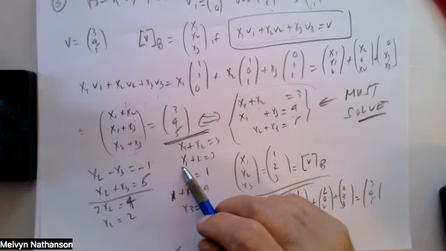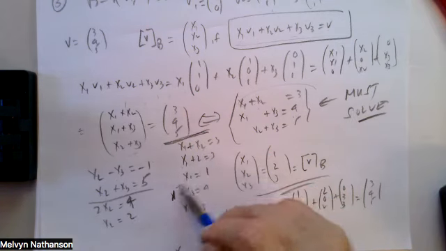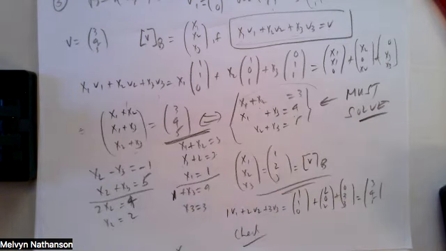So this is the same as saying x1 plus 2 equals 3, or x1 equals 1. I'm just solving these equations, right? When you reduce a problem in linear algebra to solving linear equations, that's supposed to be the easy part, because we spent a month learning how to solve systems of linear equations.